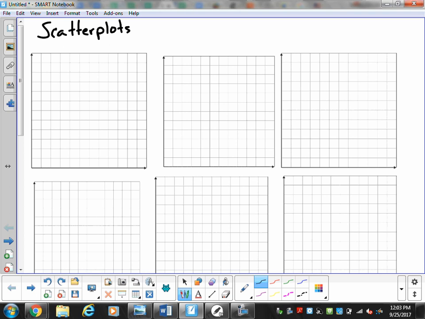There are some things that we talk about when we deal with scatter plots. I'm going to just sketch a few scatter plots up here. Just examples of. These are all in quadrant 1. So we're not dealing with any negative x or y values at the moment. But there's an example of one kind of scatter plot. Another one may look something like this.